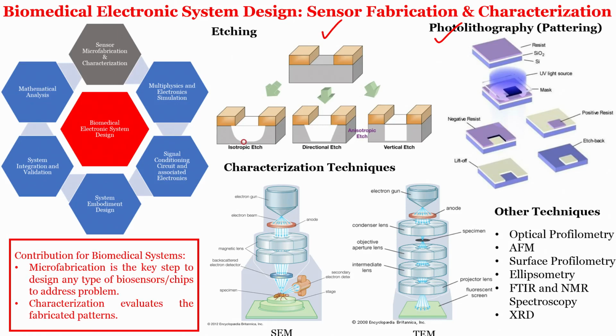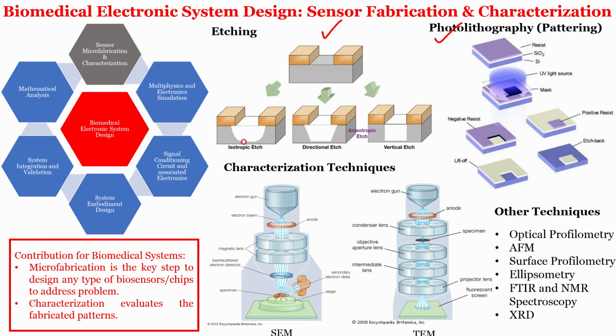Now, we go for SEM and TEM. SEM, as you know, is scanning electron microscopy. TEM stands for transmission electron microscopy. There are other characterization techniques like AFM, which stands for atomic force microscopy, ellipsometry, FTIR, XRD, the X-ray diffractogram, surface profilometer, and NMR. These techniques are used to characterize the material that we have deposited on a substrate.